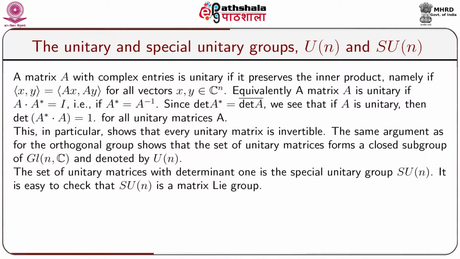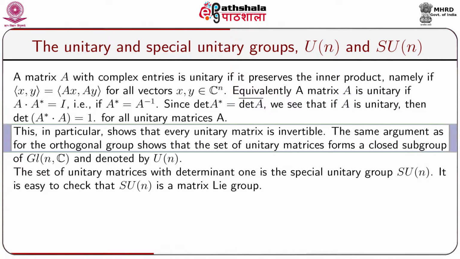Now, since the determinant of the conjugate transpose of A is equal to the conjugate of the determinant of A, we can prove that if A is unitary, then the determinant of A conjugate transpose times A is equal to 1 for every unitary matrix A. This in particular shows that every unitary matrix is invertible.